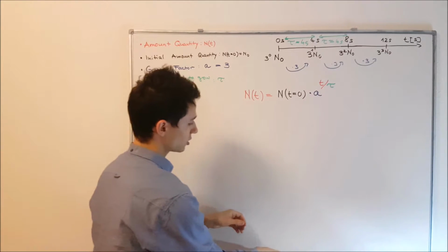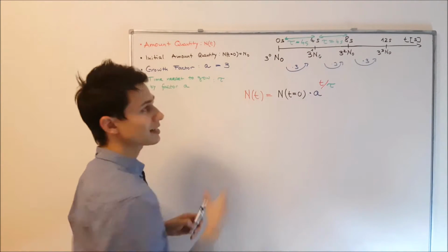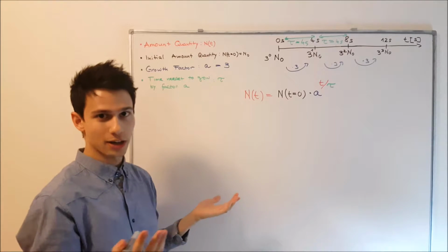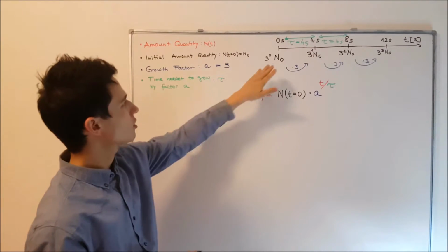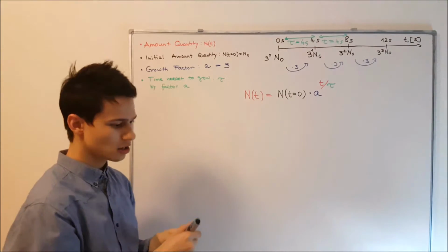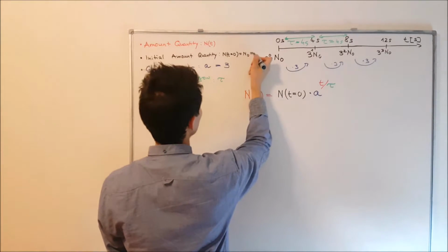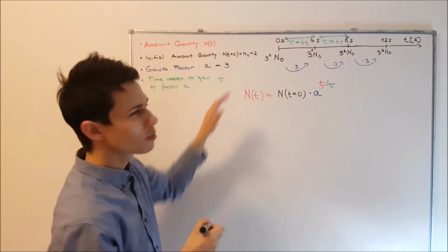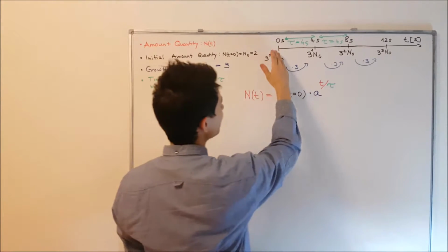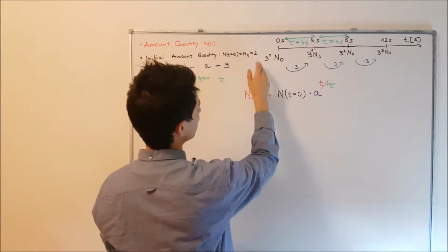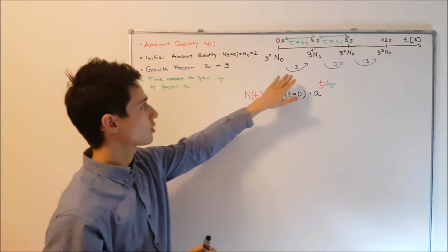And now let's just check with this specific example if this formula really works. So let's say that n0, the initial amount of our quantity, would be 2. So these could be 2 bacteria, and we say that every 4 seconds the bacteria will grow by a factor 3.